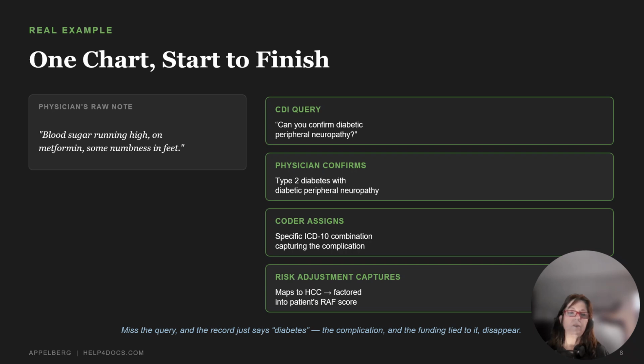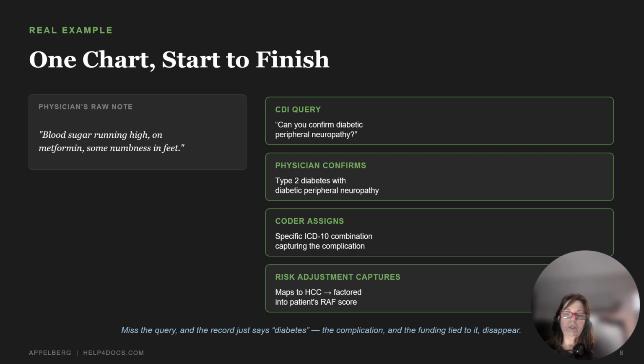Okay, so let's drive this home with an example. Give you a second to look at that. Okay, so a patient comes in for a routine visit. The physician note says that the patient's blood sugar has been running high lately, and they're on metformin.